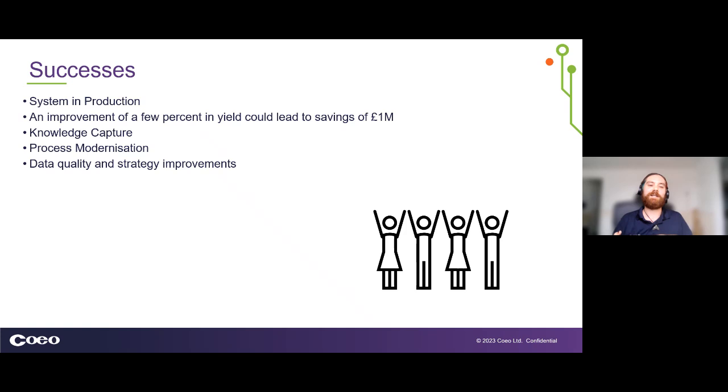So this did allow, again, the business users to have a better understanding of what processes and what things they were capturing around the manufacturing process, and also improve that so that they've got better visibility overall and they have a bit more trust within their data as a whole.